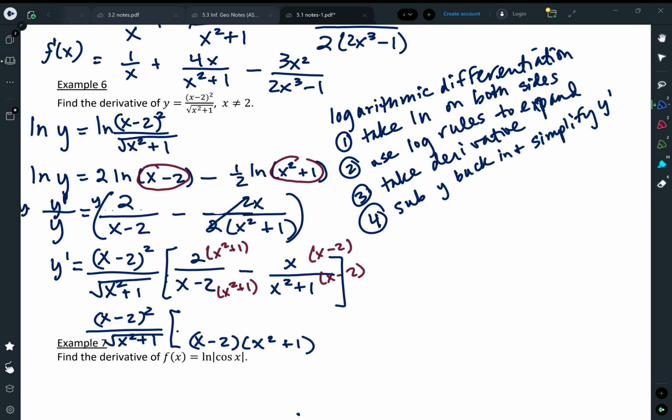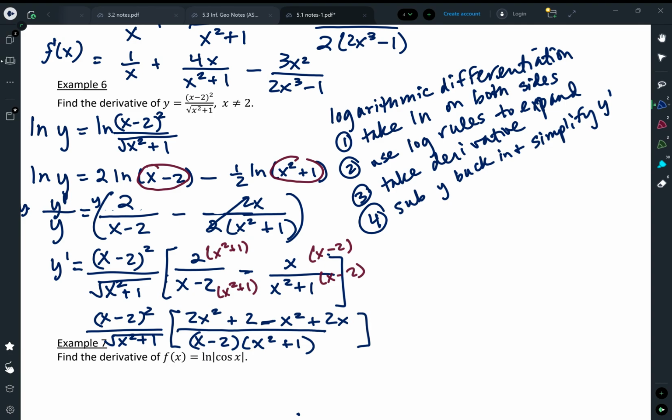And in my numerator, I would actually go through and expand. So I would have 2 times x squared, 2 times 1, and then minus x squared, and then negative times negative would be a plus 2x.